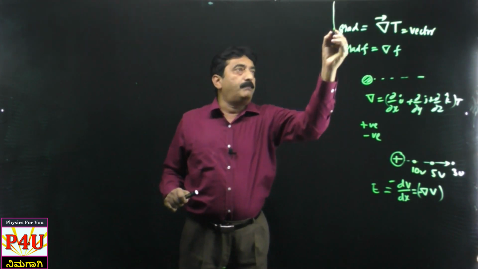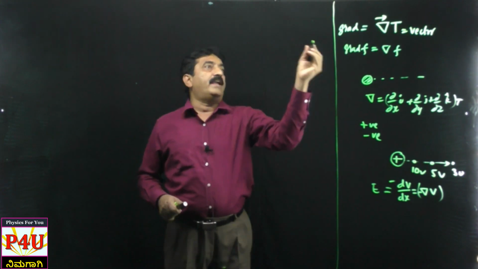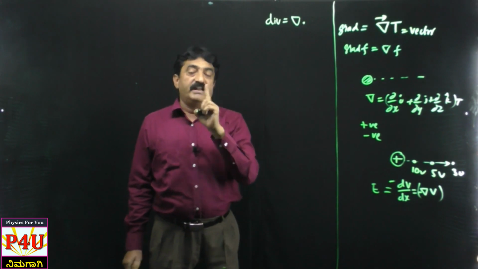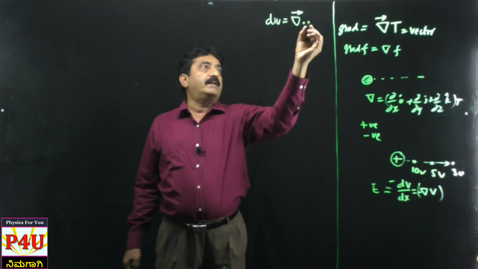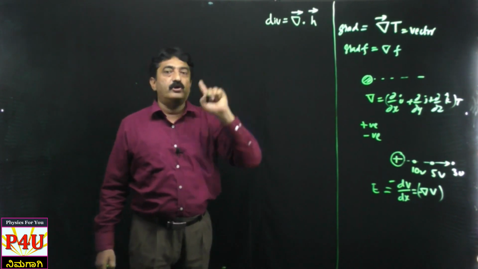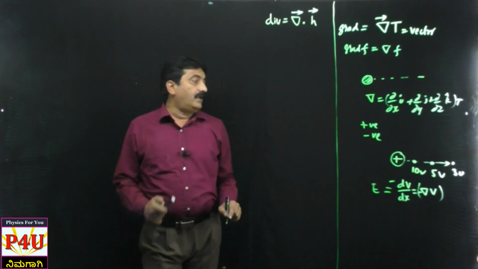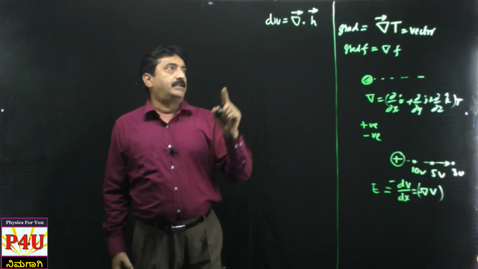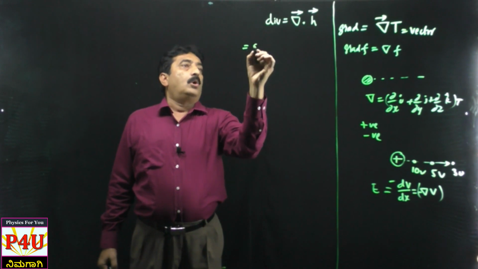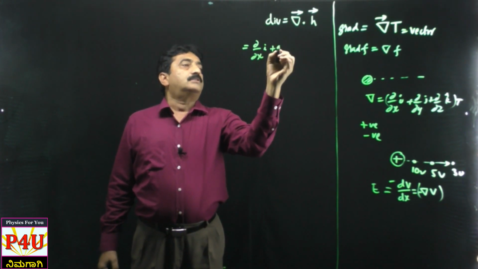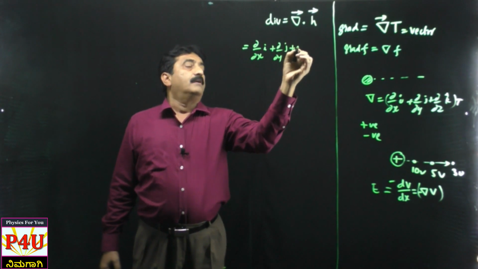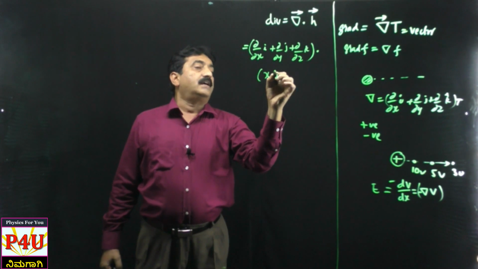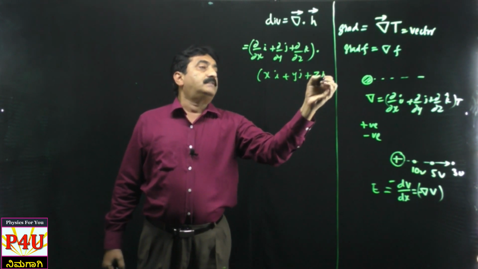So this is simple multiplication. Now comes another quantity, divergence. Divergence is the dot product of del and h. When I say dot product, there must be two vectors. h is a vector here, like t is a scalar. So it is del dot h, which is equal to dou by dou x i plus dou by dou y j plus dou by dou z k dot h, meaning xi plus yj plus zk.